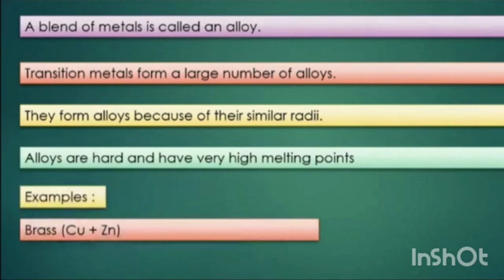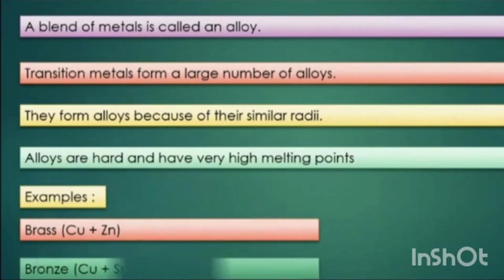Here are some examples of alloys formed by the transition metals. Brass is formed by mixing copper with zinc, bronze is formed by mixing copper with tin, and steel is an alloy of iron with manganese, nickel, chromium, molybdenum, etc.